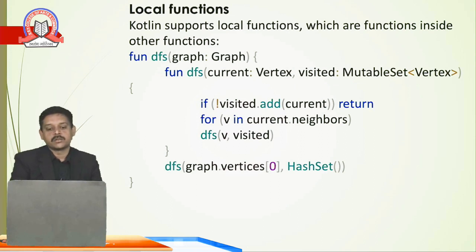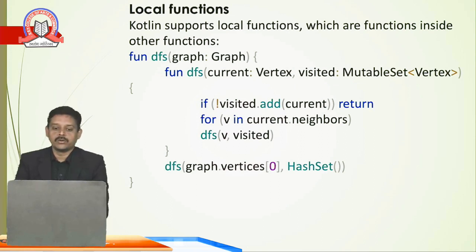In a local function we can support a few local values. As you can see, we have created a function dfs. In that we have created another function with the same name, which has a different argument.